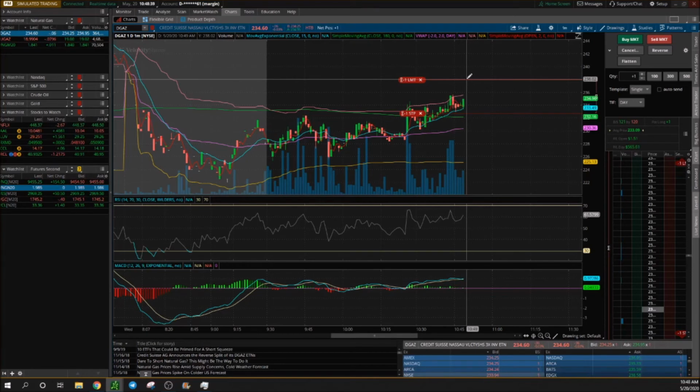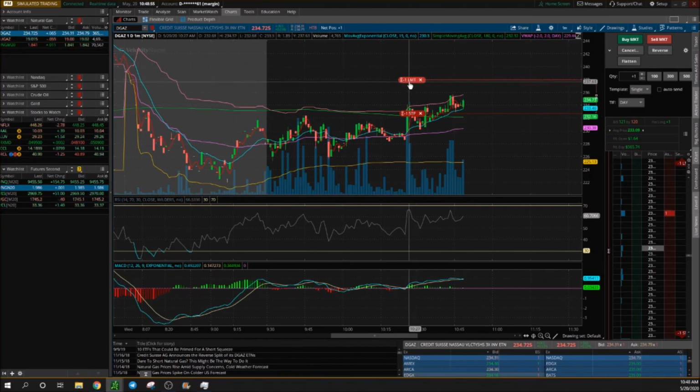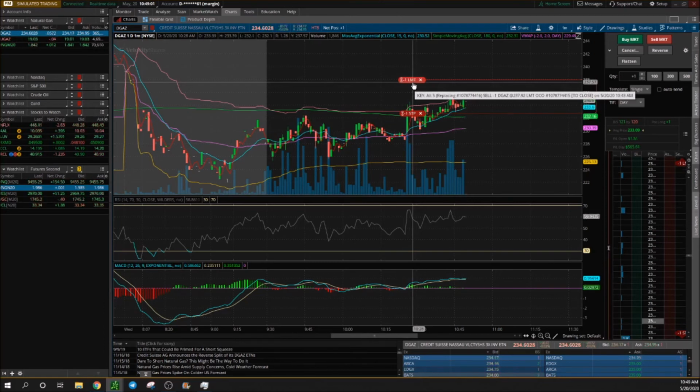And again, this is also why I have a daily goal. I know there's probably plenty of traders out there who don't necessarily have a daily goal, and they just look for opportunities and do their best on making money. I like to have the goal because once I hit this limit order, right, and I sold my position and I hit that goal, I'm usually done for the day at that point.